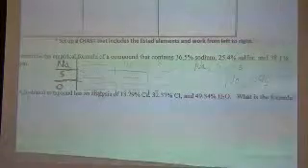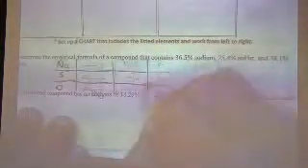Put Na for sodium, S for sulfur, O for oxygen. We are going to make a little chart, or table, out of this.